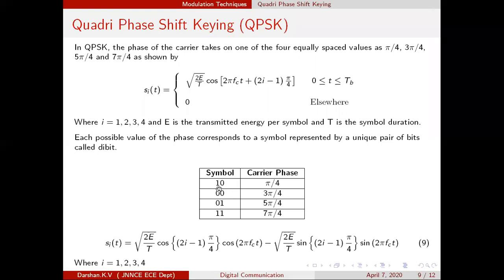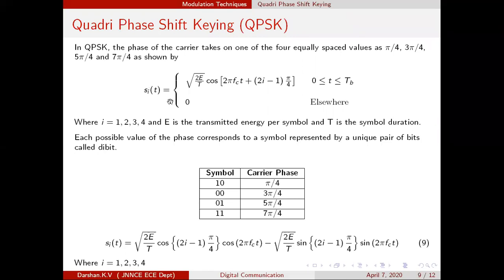Each contains two bits, so this symbol is also called a dibit. 1 0 is a dibit, 0 0 is another dibit, 0 1 is another dibit, and 1 1 is another dibit. A pair of these bits is referred to as a dibit, or simply a symbol. Since there are four symbols, each and every symbol will be assigned a particular signal.